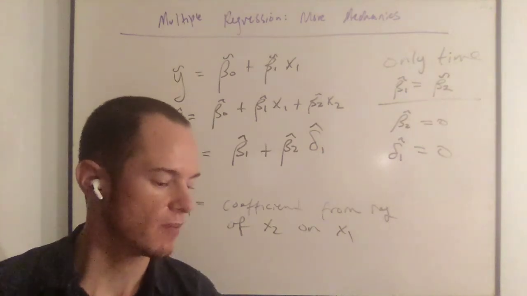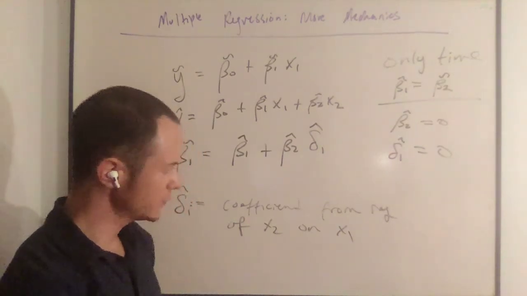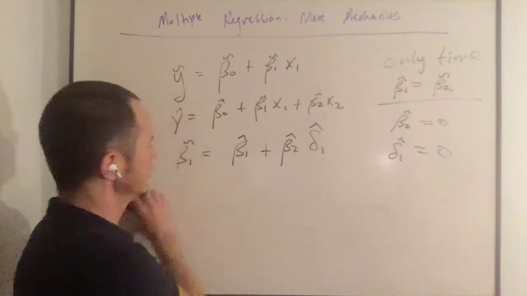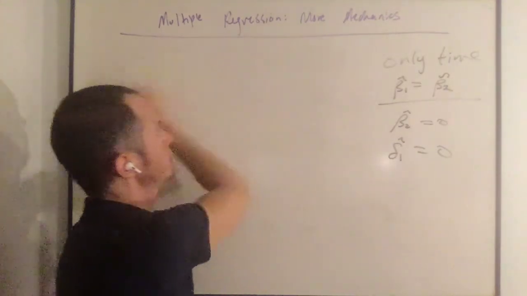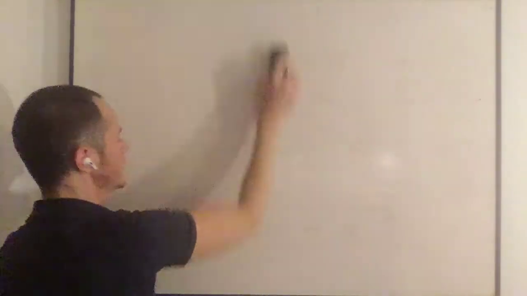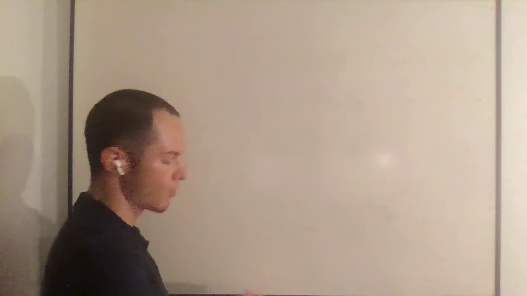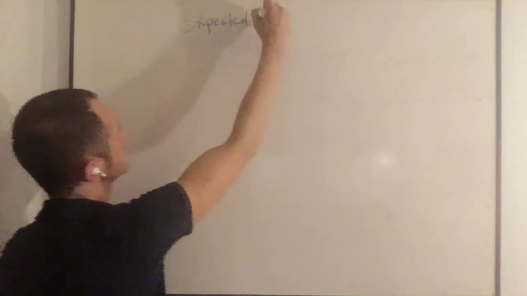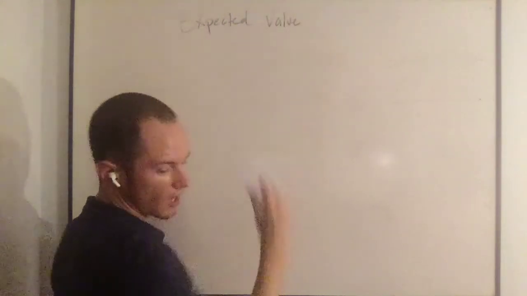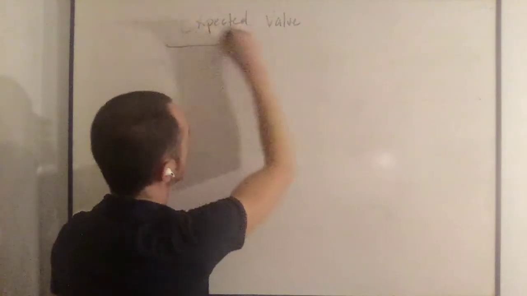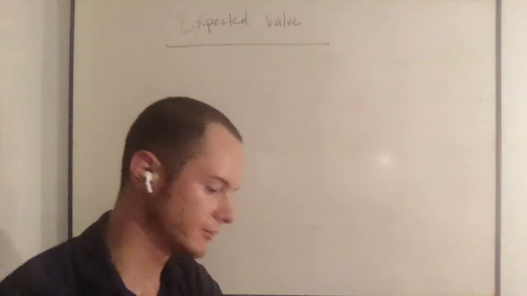So let's think about what assumptions we need to make for our linear regression model now that we have multiple variables. What assumptions do we need to write down for this model to work? So we're going to get at the expected value of the OLS estimators for the multiple regression model.